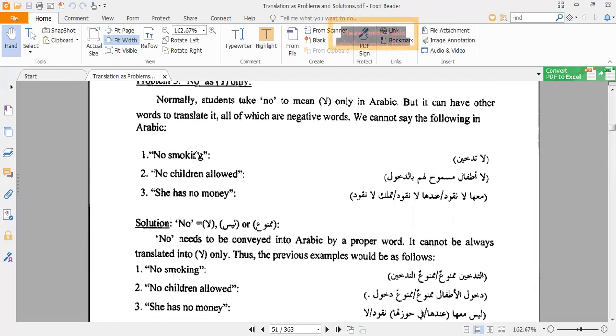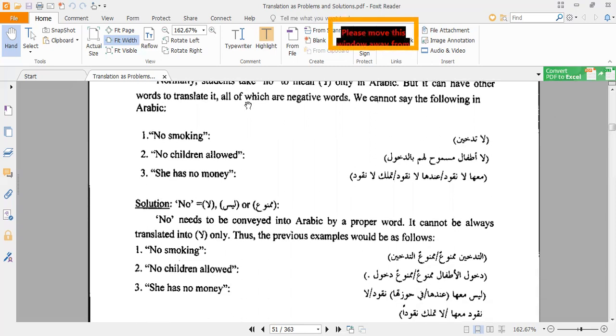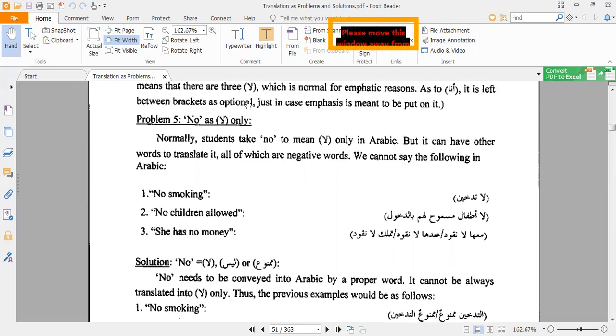Okay, let's move to problem 5: not, no as لا only. Sometimes we use لا to render no, but not in all situations will this be applicable.